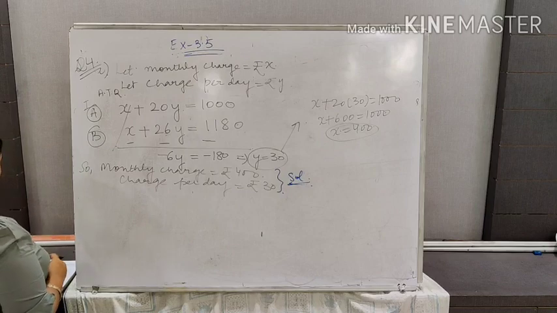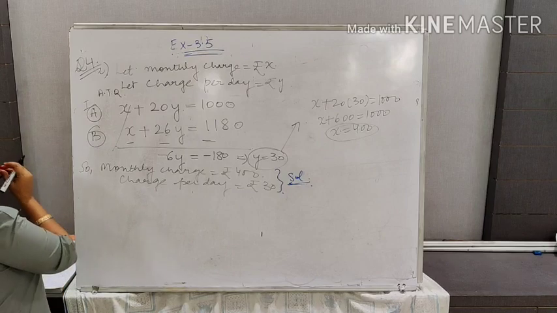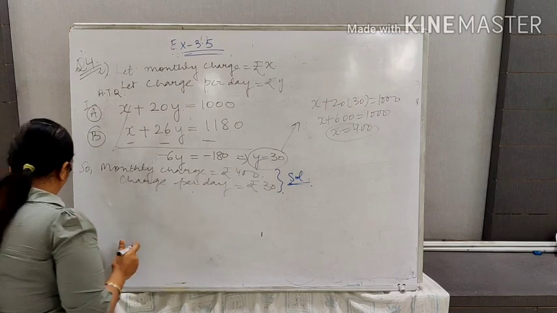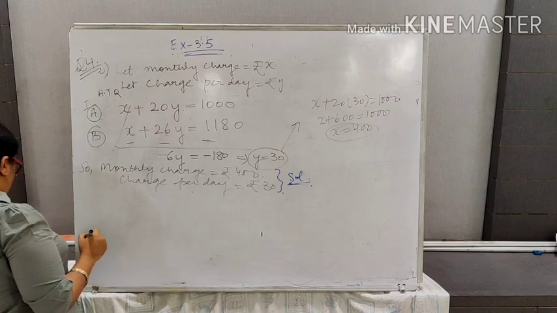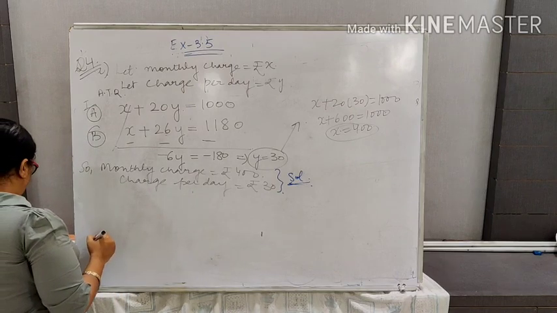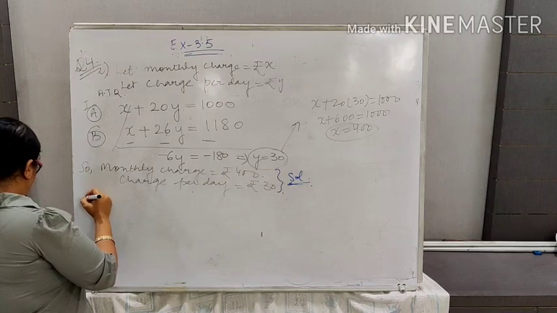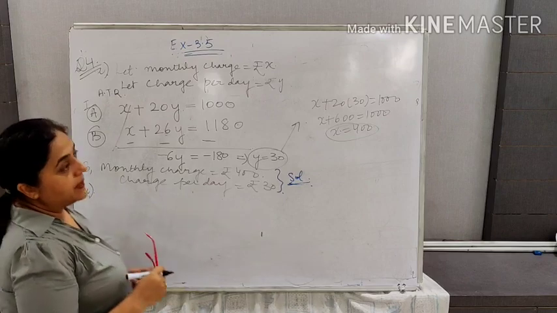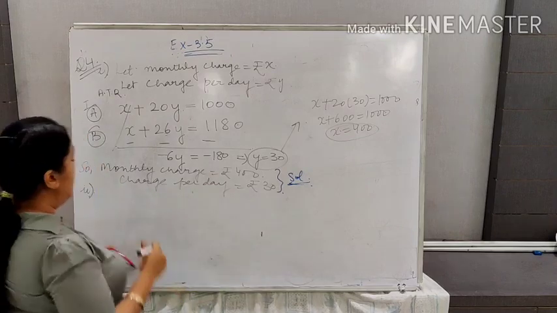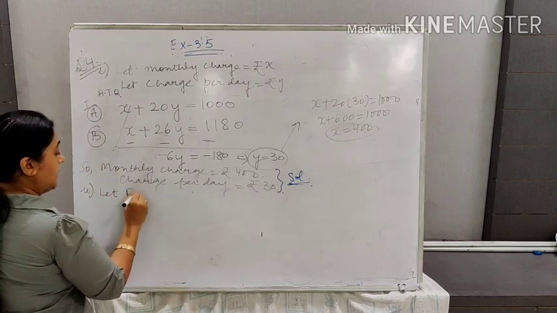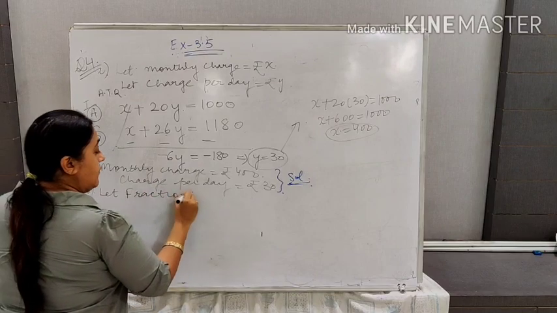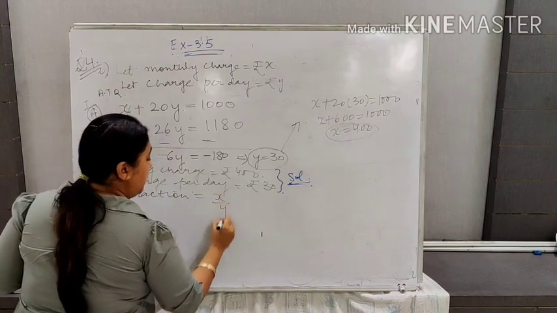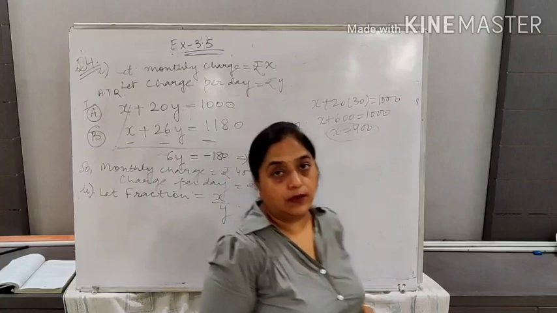First part I have taken up. Now let us take question number 4th, second part. A fraction becomes 1/3. Whenever it is a fraction question, blindly take the original fraction first.